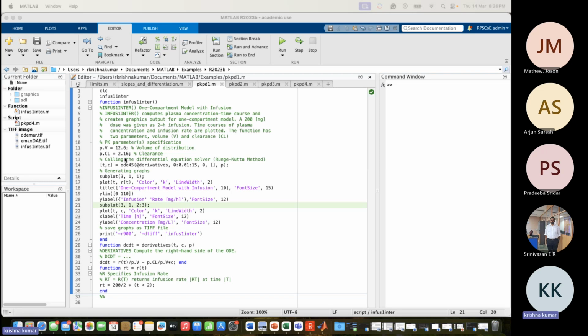So what is this delayed differential equation and how do I solve it? No big deal. Similar way. So I'm going to do that in the next class. I'll stop here and we'll do that in the next class.